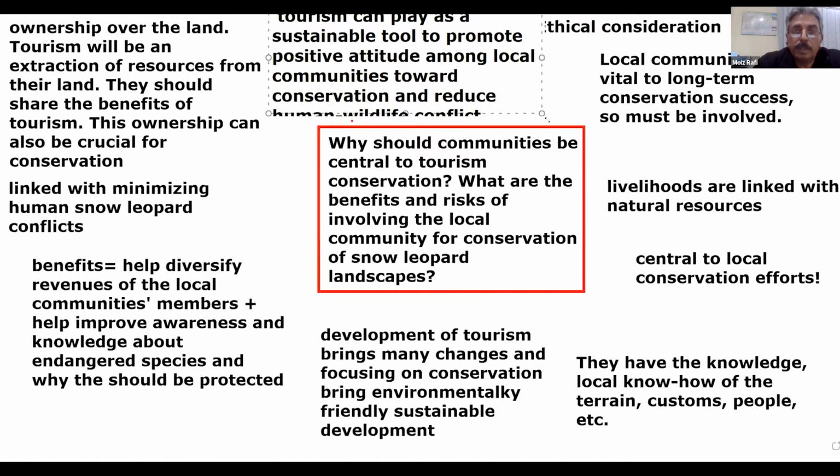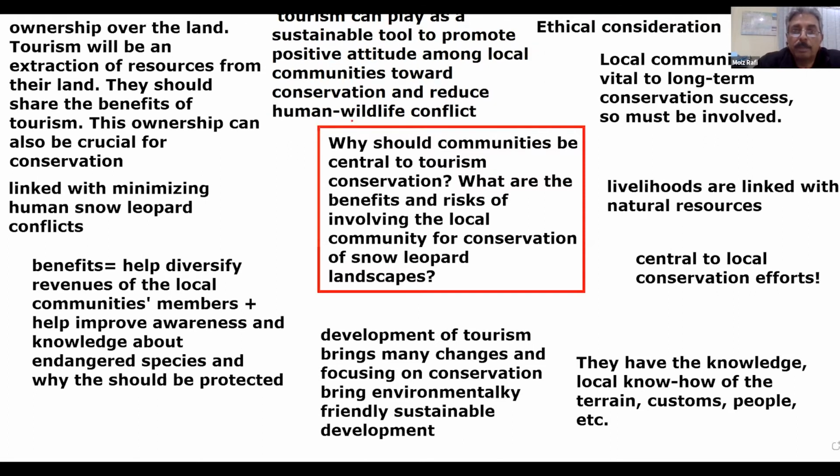When a particular valley or village is promoted as a primary conservation tourism site, it would help in creating awareness among the communities that they should take ownership of the species as well as the landscapes, and sustain the biodiversity and the wildlife there, so that it's all linked with the livelihood. And once they know that it will help their economies or livelihoods, it will definitely help in minimizing the conflicts. That was one point.